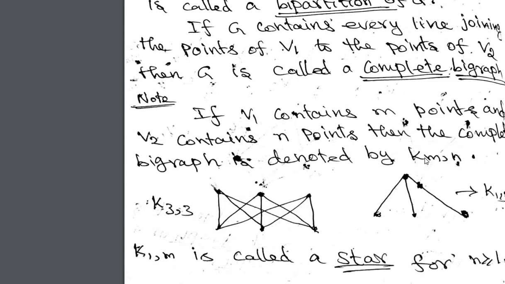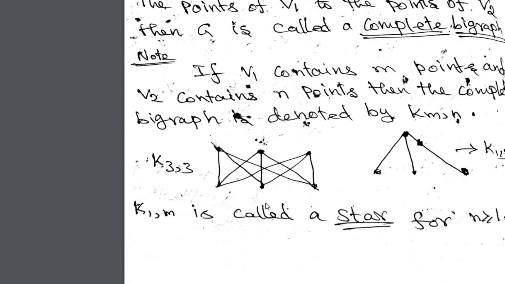M represents the number of vertices in one set V1, and N represents the number of vertices in the other set V2. If V1 contains M points and V2 contains N points, then the complete bigraph is denoted by K of M, N.